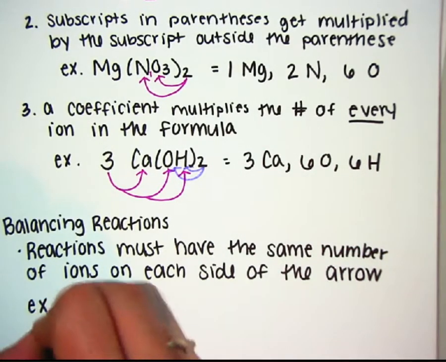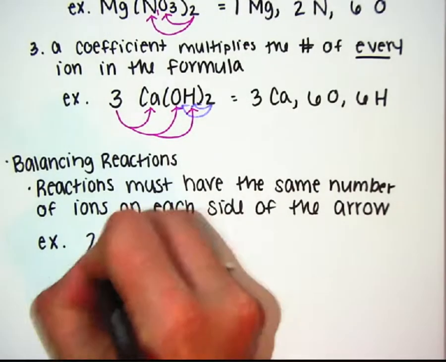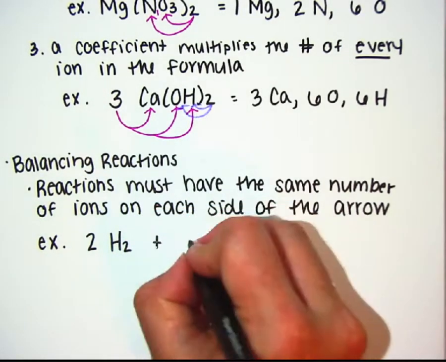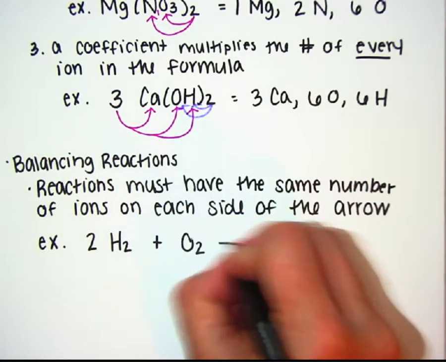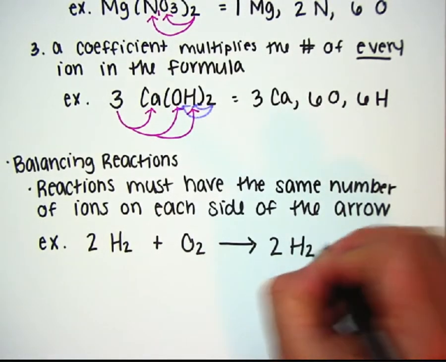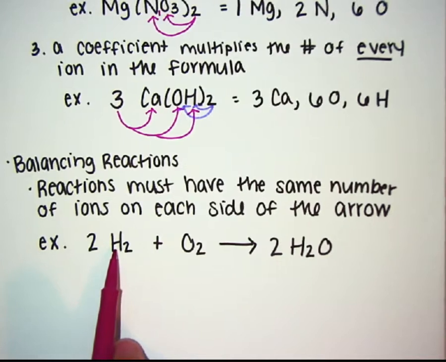So let's say I had the following reaction: 2H2 plus O2 yields 2H2O. Let's check to see if this reaction is balanced by counting the ions on each side of the arrow. Subscript tells me the number of ions that I have.